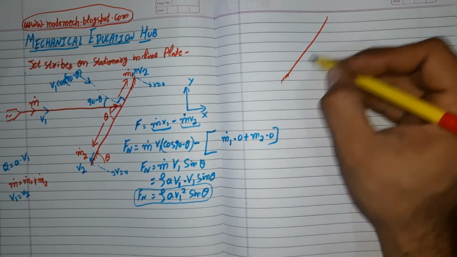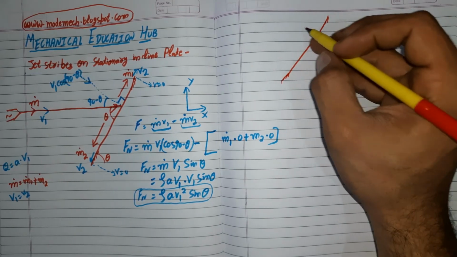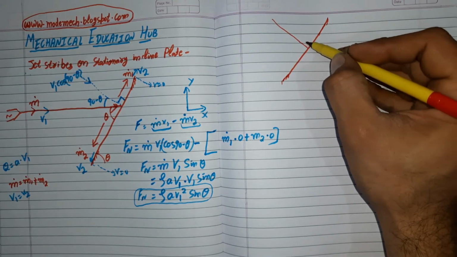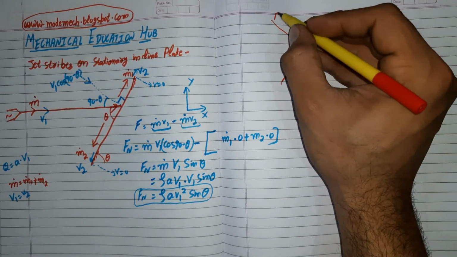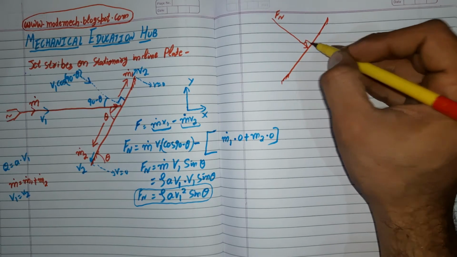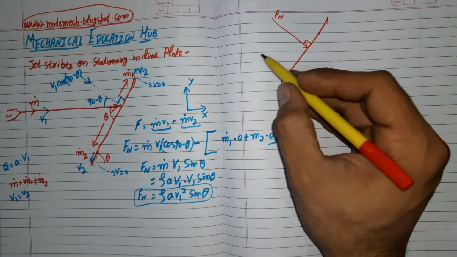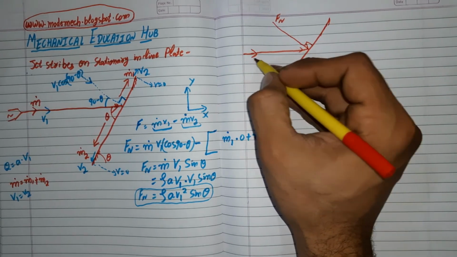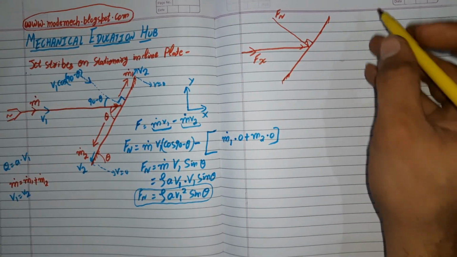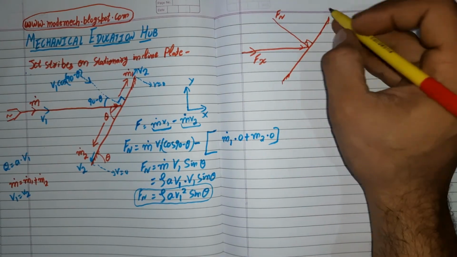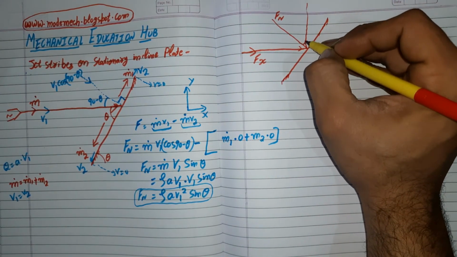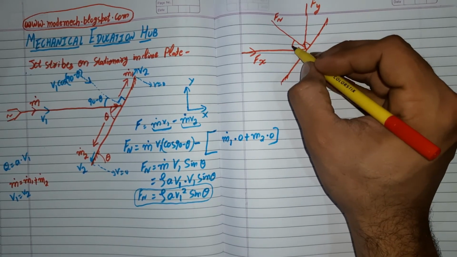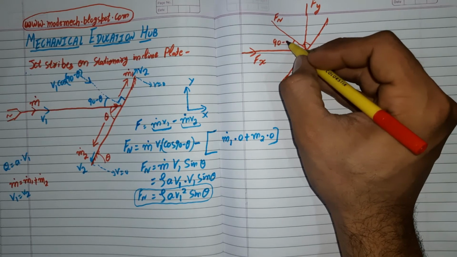Now this is our plate, and this is the direction of normal force to the plate. This will be our Fx, and from here this will be our Fy. We have this angle to be 90 minus theta.